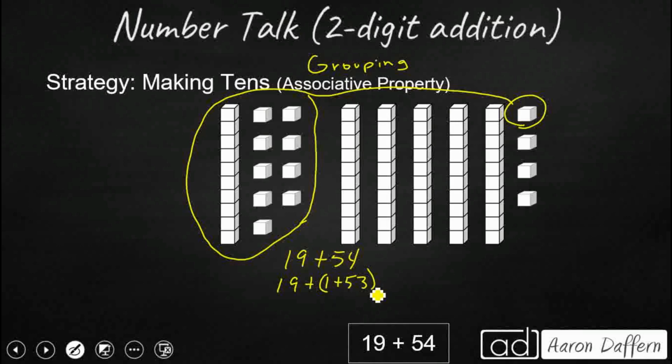So what I'm going to do with my associative property is simply shift my parentheses. I want to add my 19 and my 1 first, and that's going to get me 20. And then I want to add 53. And 20 and 53 gets us hopefully what you got when you did mental math, and that's 73.